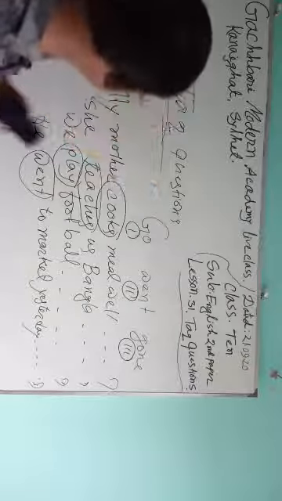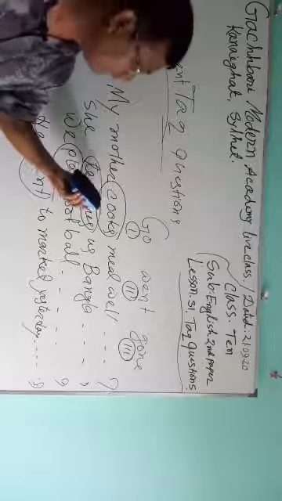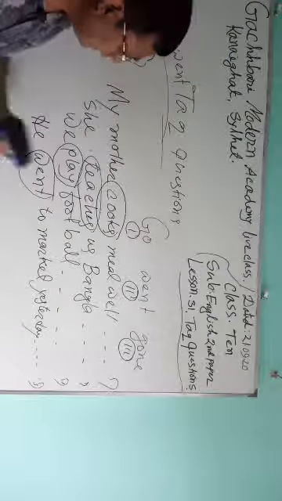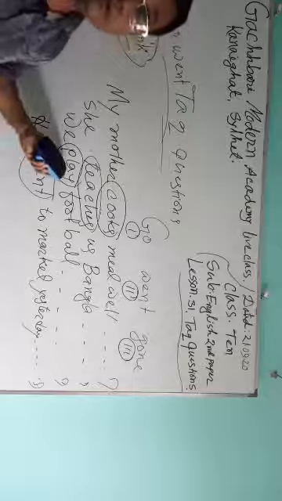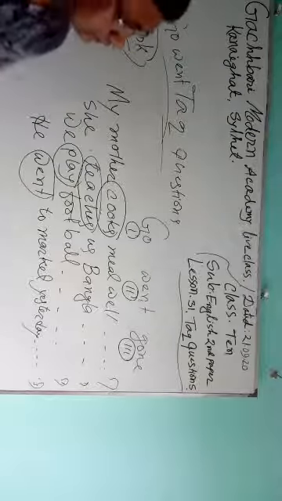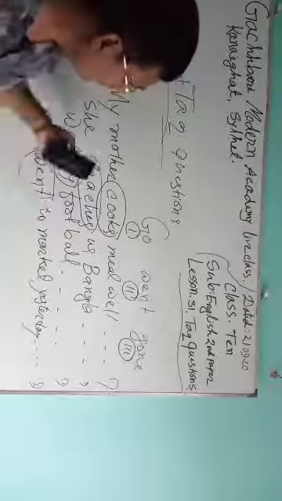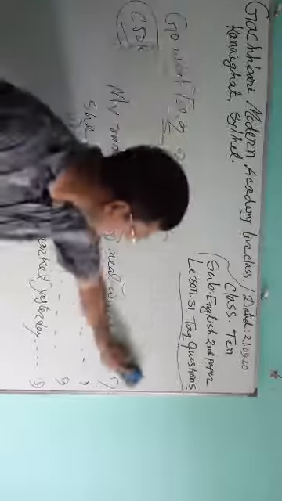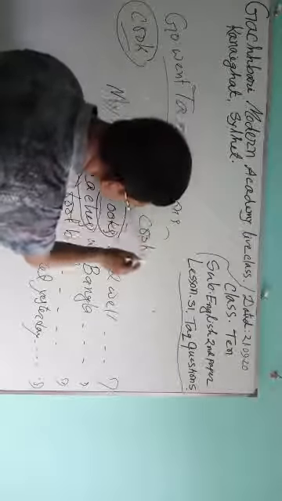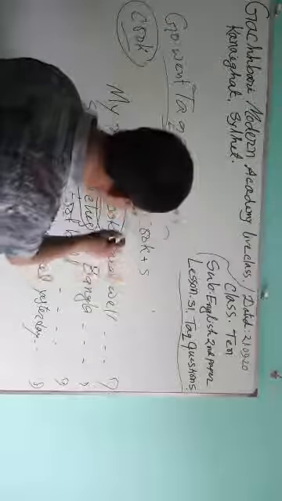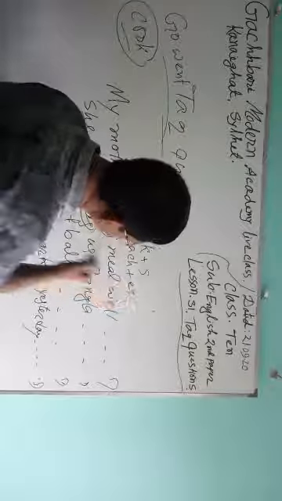Now cooks, it is verb 1. Cook, it is verb 1. And teach, it is verb 1. And play, it is verb 1. But there are some differences. Look, cook plus s, teach plus es.